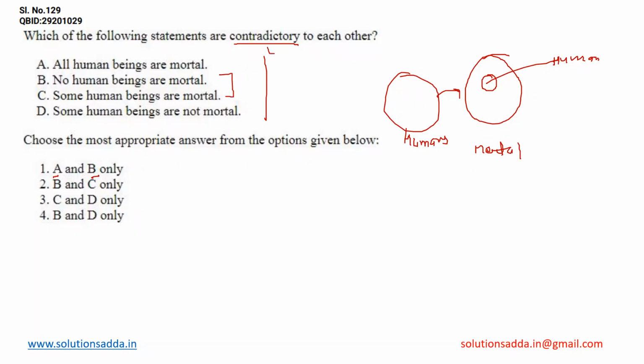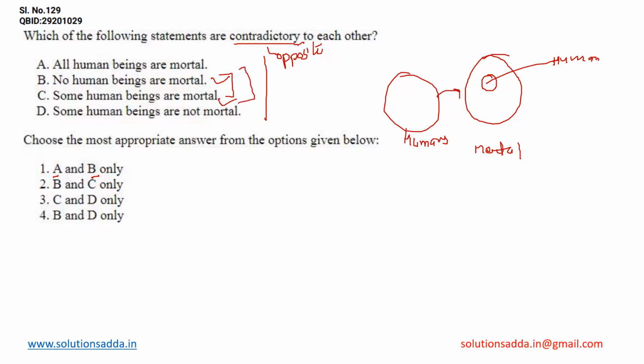Contradictory means when two sentences are opposite of each other. Which two sentences are opposite? Clearly we can see that all human beings are mortal and no human beings are mortal are not actually opposite of each other. But when we observe option C, some human beings are mortal, one sentence says there is not a single human who is mortal, and another sentence says yes, there are some human beings who are mortal.